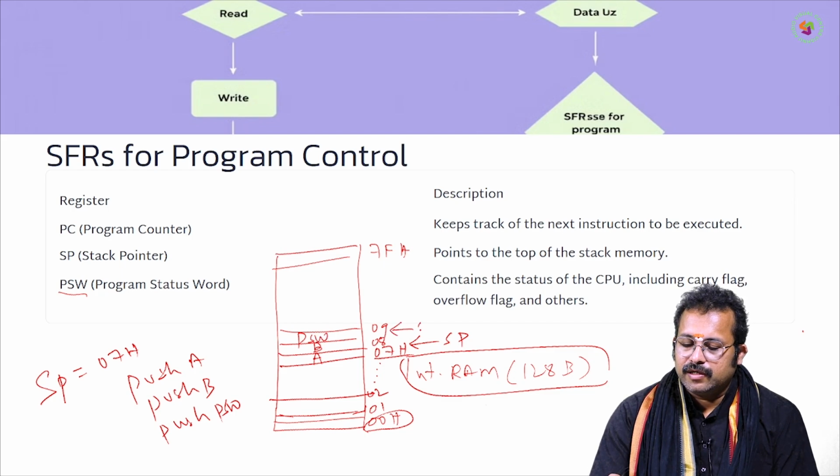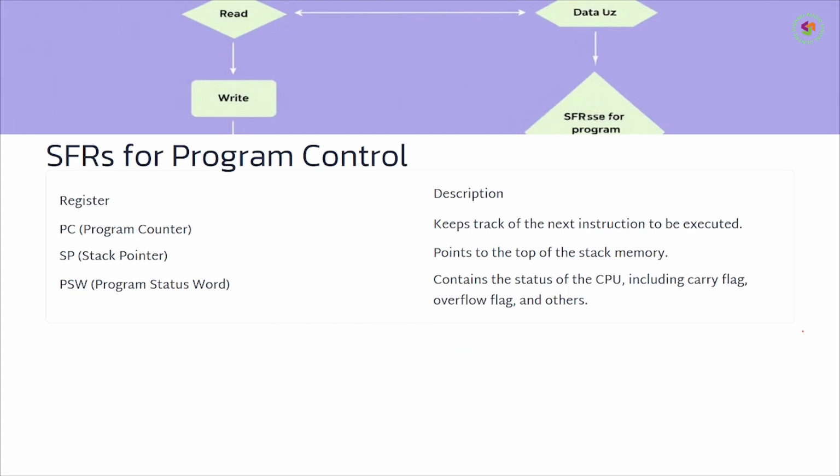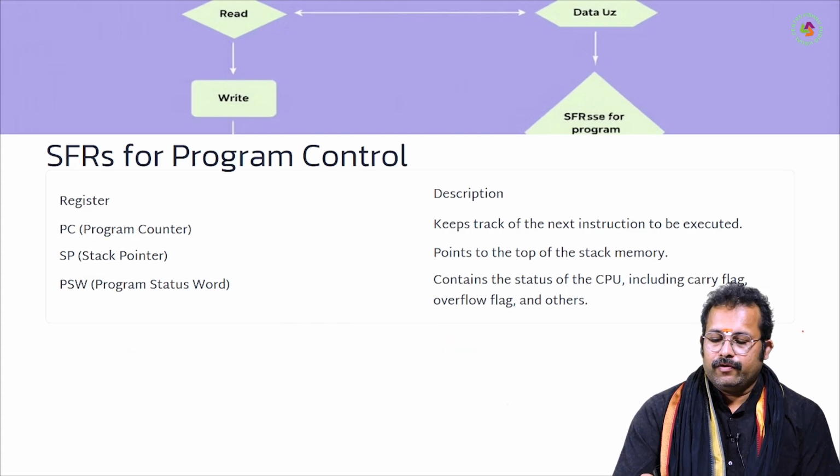For every push, the stack pointer increments by 1, and for every pop, the stack pointer decrements by 1. That is how stack operations are done. In this manner, the program counter, stack pointer and program status word are all special function registers. Coming to the program status word, it is an 8-bit register.